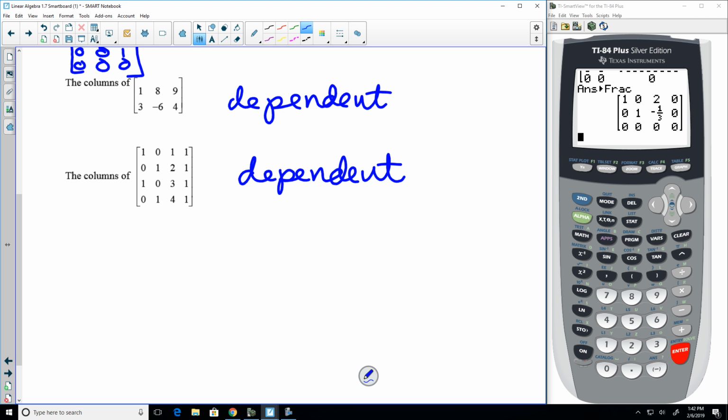But I can tell by looking. So add the first 2 columns. What do you get? If I add the first 2 columns, what do I get?